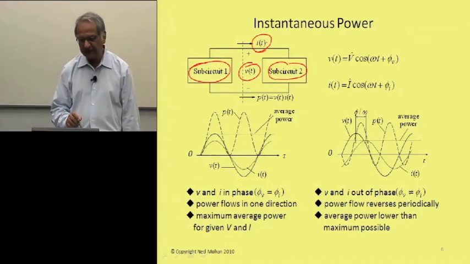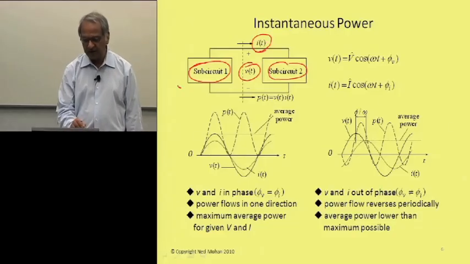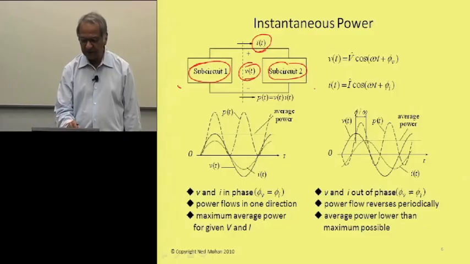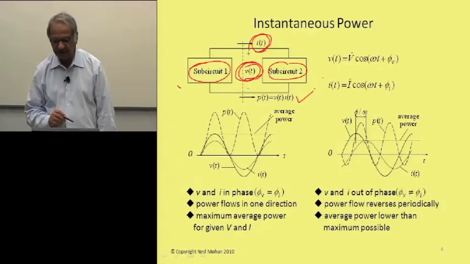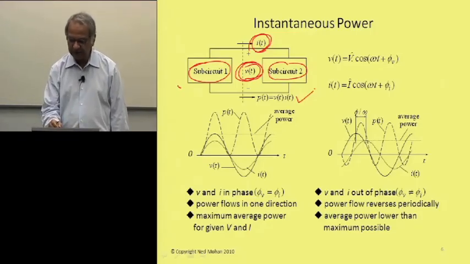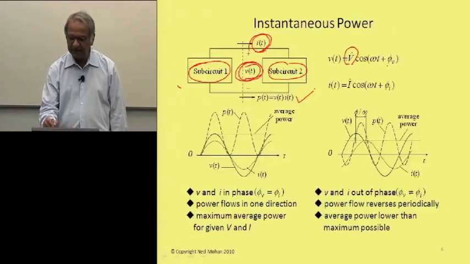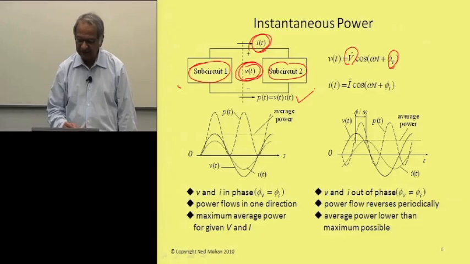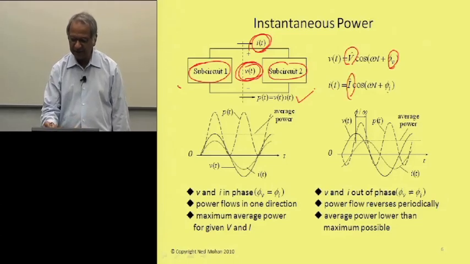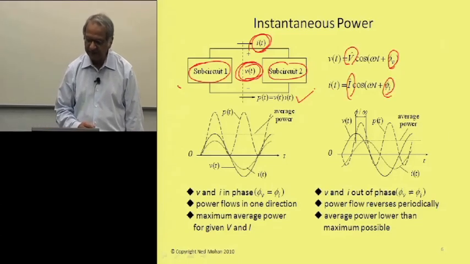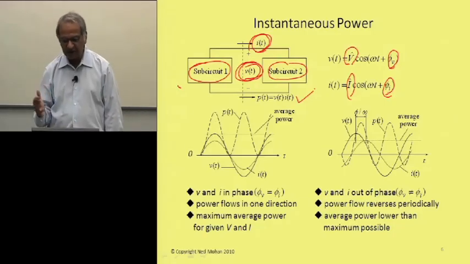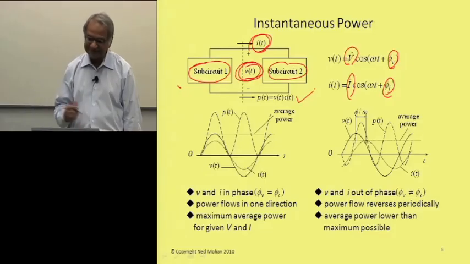The instantaneous power flowing from subcircuit 1 to subcircuit 2 is just the product of this voltage times this current, where these are all sinusoidal quantities. The voltage has some amplitude and some phase angle. Similarly, this current I has some amplitude and some phase angle, phi sub I, but these are all cosinusoidally varying quantities, and we are looking at this in steady state.